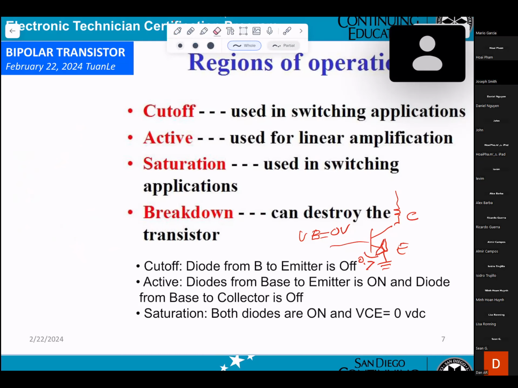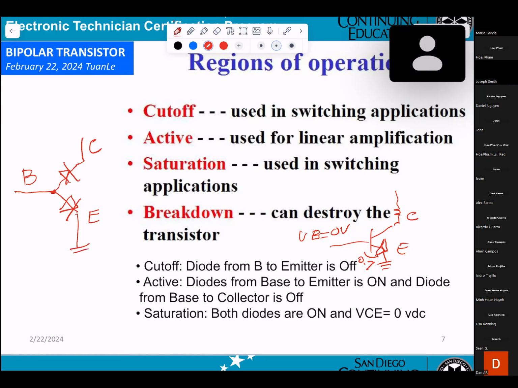Okay, now I draw that one so you can see that. This is the base, emitter. You get one diode, and another one goes to the collector. You get another diode. So you get two diodes.